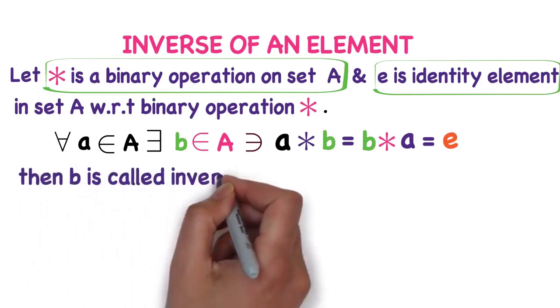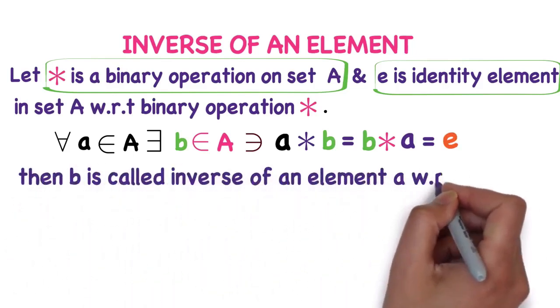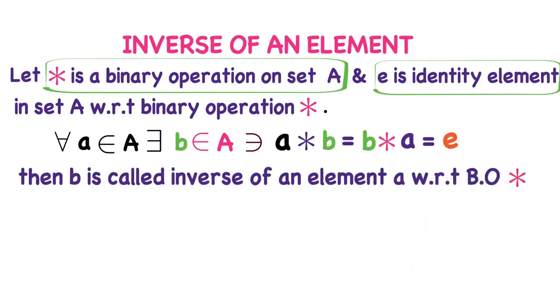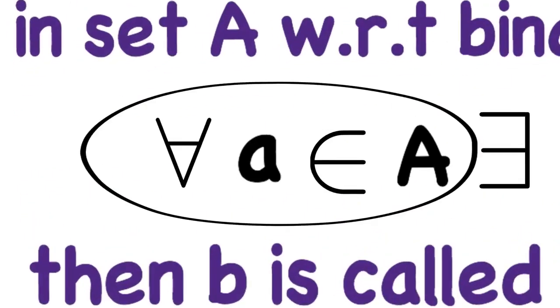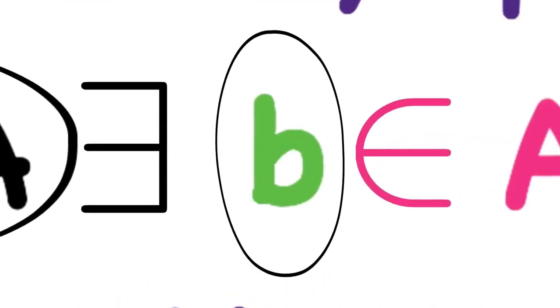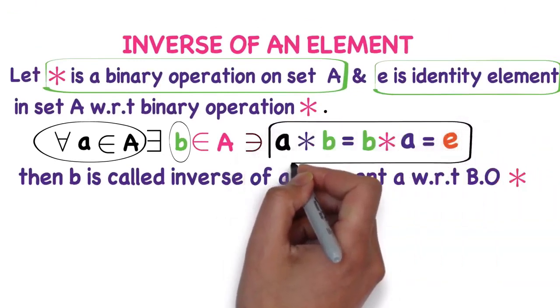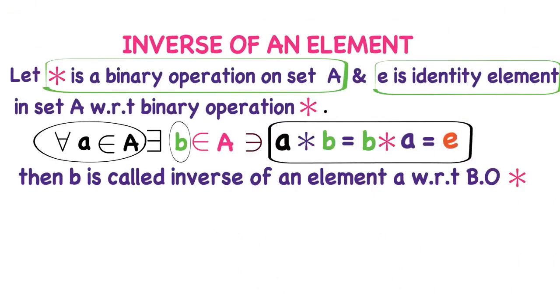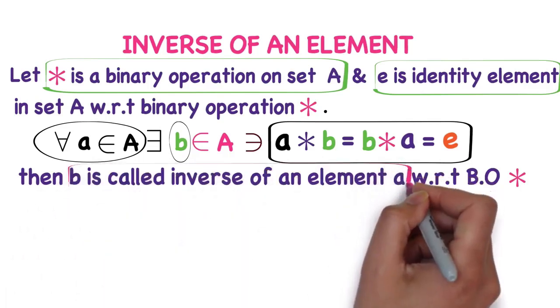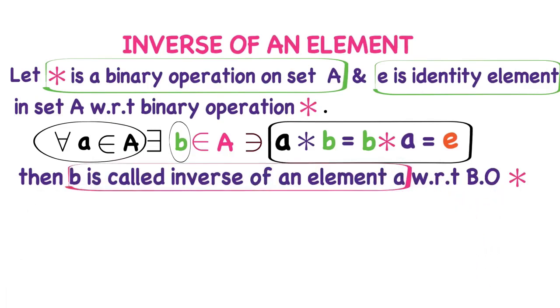Then b is called the inverse of the element a with respect to binary operation star. You must know the definition of identity element. If this condition is satisfied, then b is called the inverse of the element a.